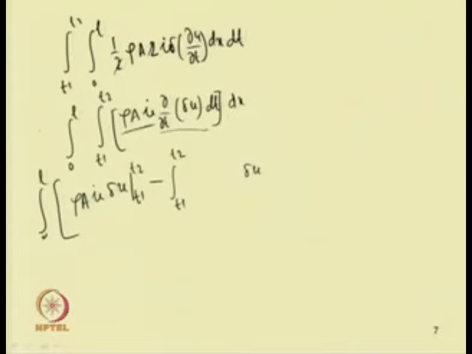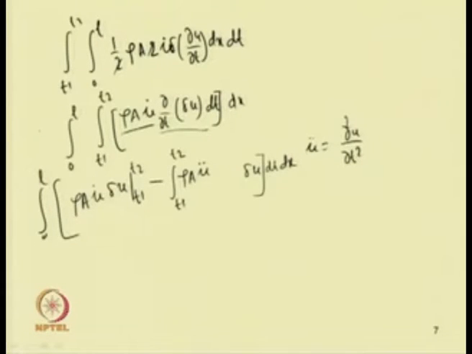term. The derivative of this first term becomes rho A, and the derivative of u dot becomes u double dot. So, rho A u double dot, where u double dot is nothing but del square u by del t square, into del u, with dt and dx outside.